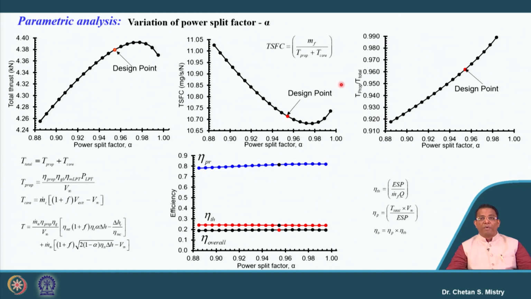It says a higher power split factor represents more thrust by the propeller, and that's the reason why the propulsive efficiency is going to be higher. In an overall sense, my overall efficiency is not making much difference with the variation of split factor. So what is important needs to be decided.